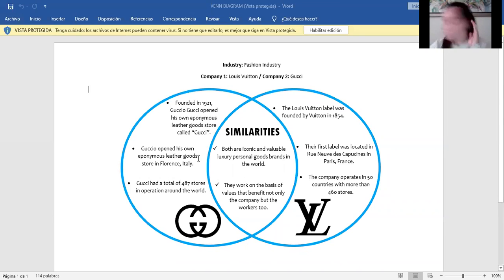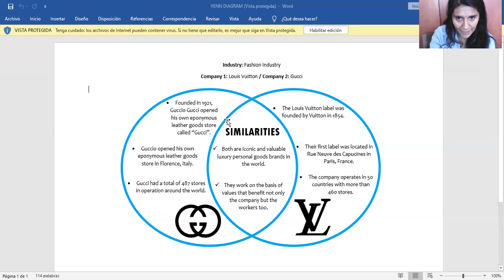Yes. Okay, look, these two details that you included as characteristics are related to history. Just two. And this one talks about the idea of the stores. Yes? That's nothing related to history.